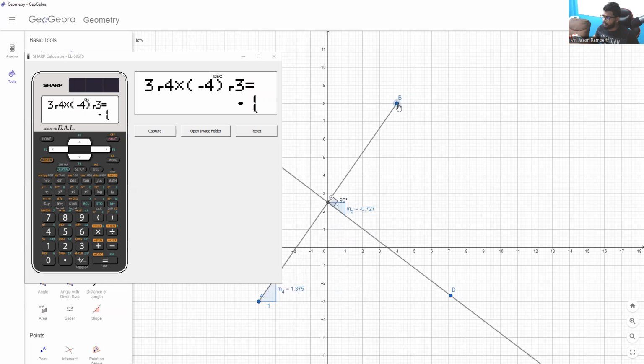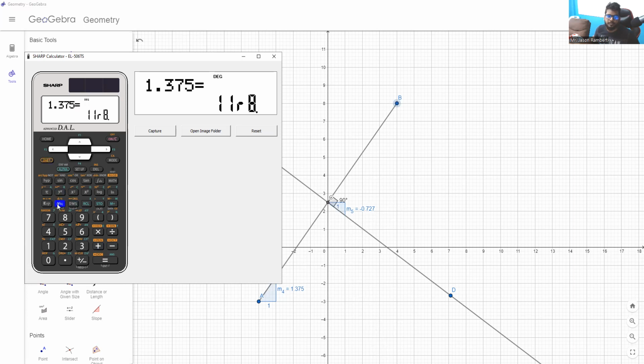I'm trying to get some nice numbers to work with. 1.375. There's an approximation here. 1.375 is 1 3/8, or 11/8.